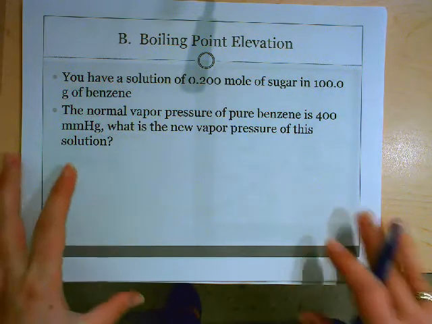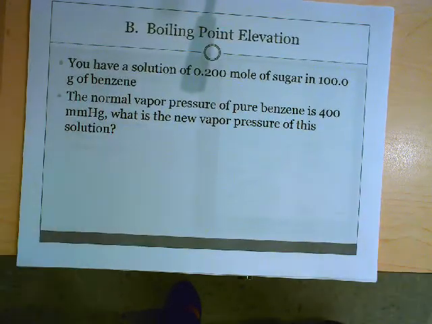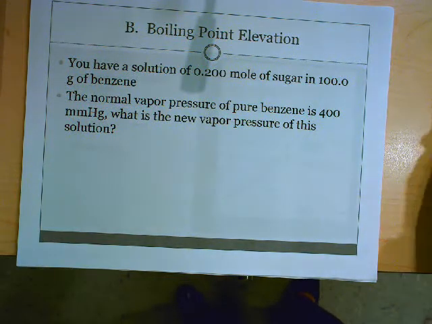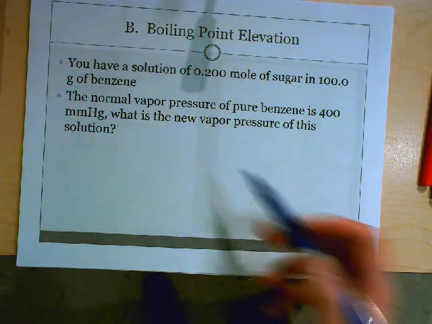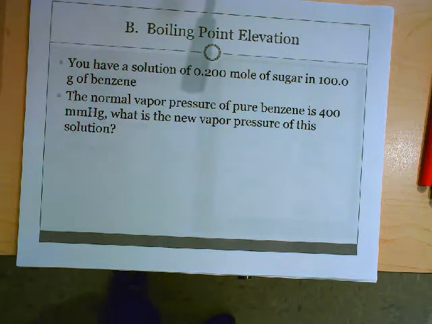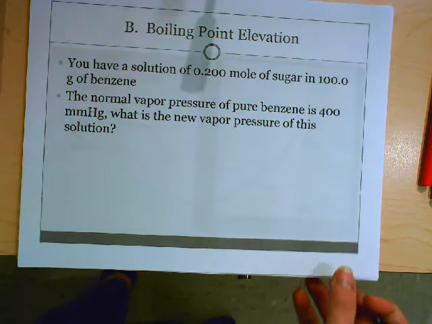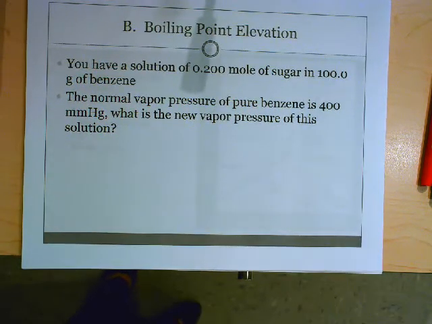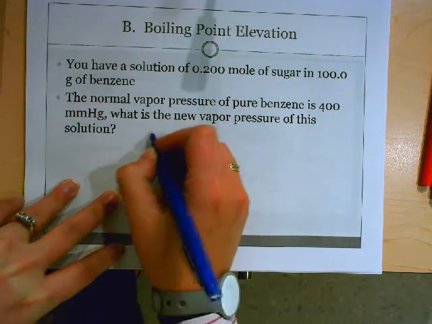So let's say I have a solution that is 0.2 moles of sugar in 100 grams of benzene, and the normal vapor pressure of pure benzene is 400 millimeters of mercury. I want to figure out the new vapor pressure of this solution, using the equation we had last Friday.